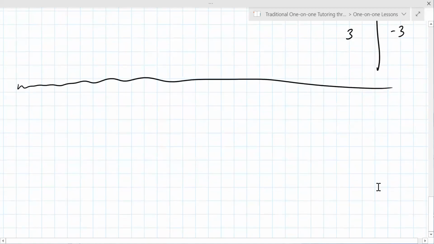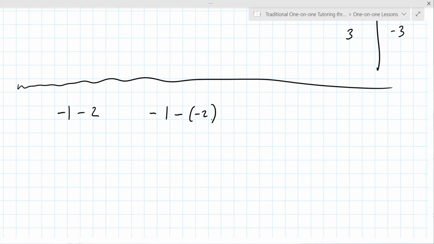So let's just come down here and look at this. Minus 1 minus 2. This next one is minus 1 minus a negative 2. Do you see how they're different? Do you see the difference though between these? That's what I'm making sure you've got down.